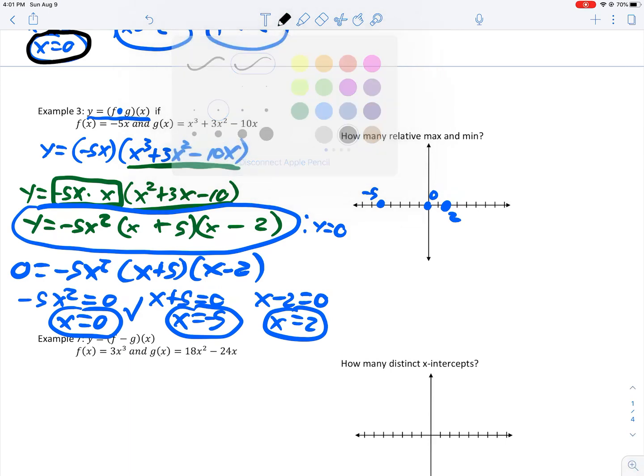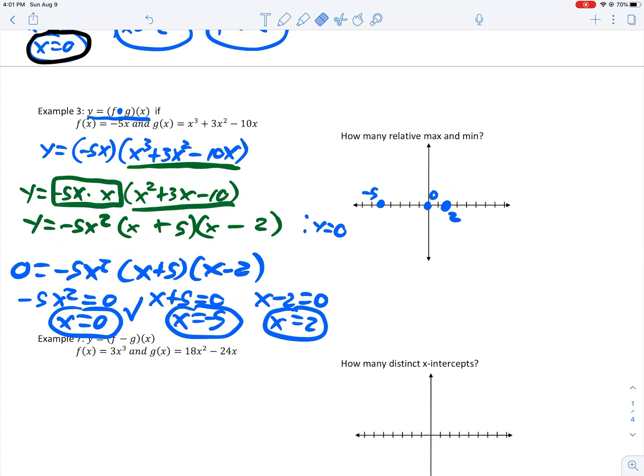So I'm going to go back and look right here where that black arrow is. We have the factored form here that I'm circling in black. You can figure it out there, but the end behavior is a lot easier to figure out when it's in standard form.